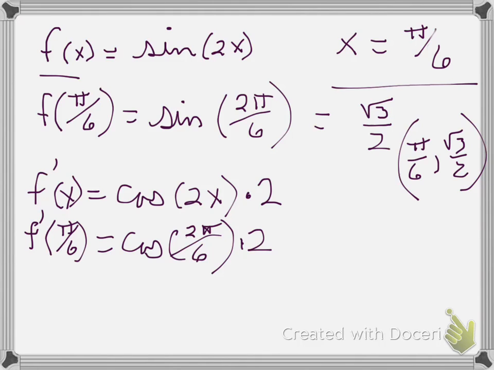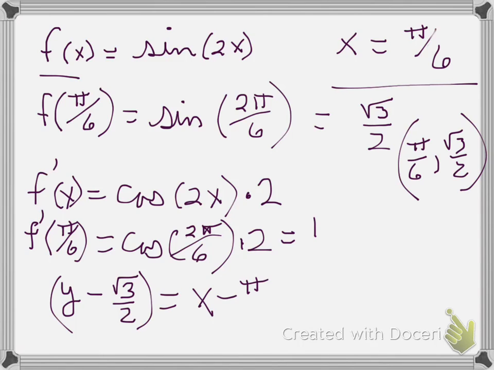Cosine of pi over 3 is 1/2, times 2 is 1. So, y minus the square root of 3 over 2 equals x minus pi over 6. And if you want to go times 1, that's fine. You can leave it just like that too. That would get you the equation of the line.